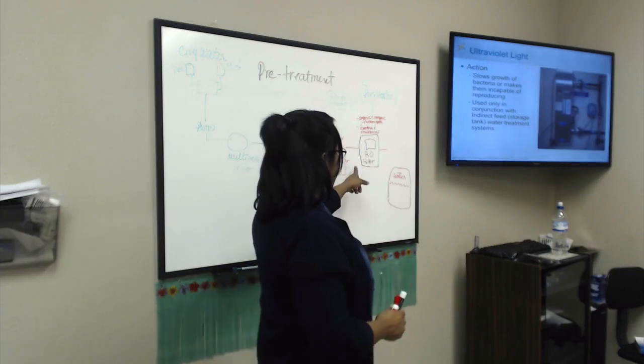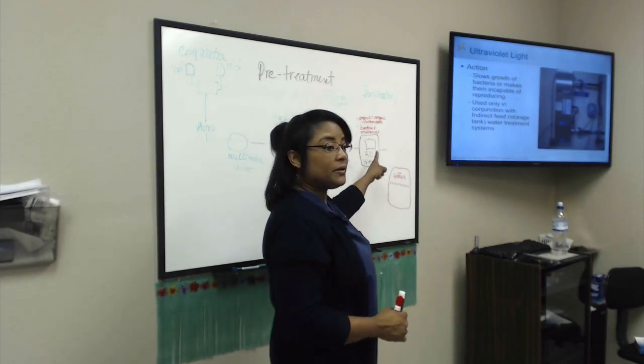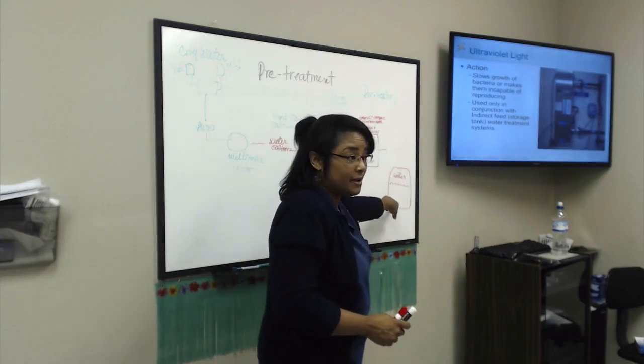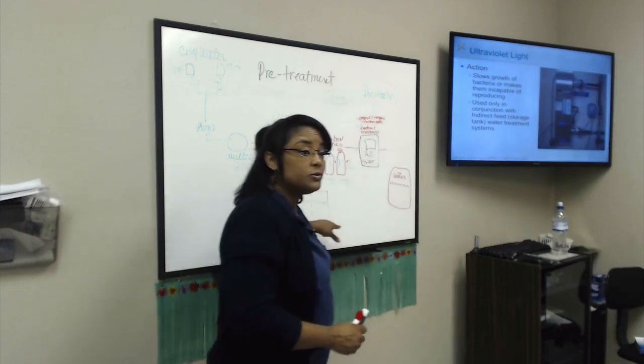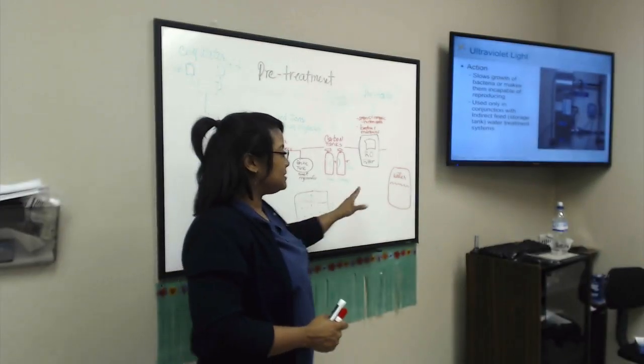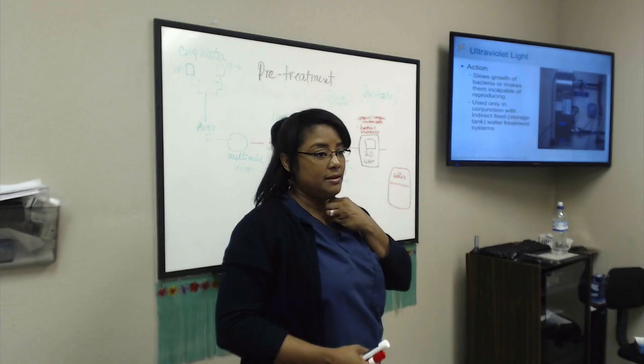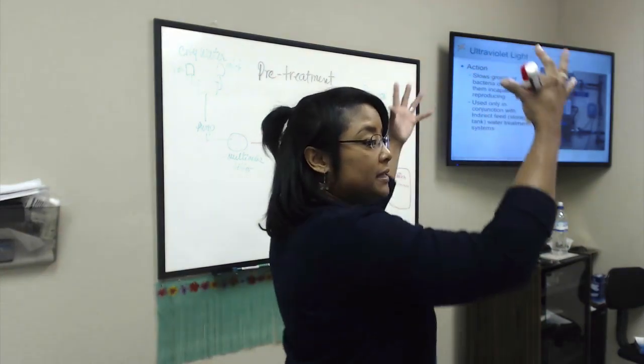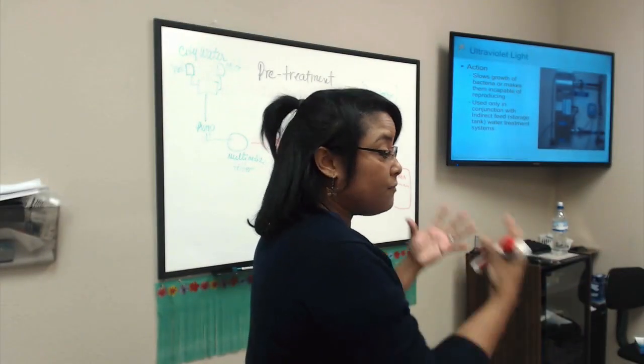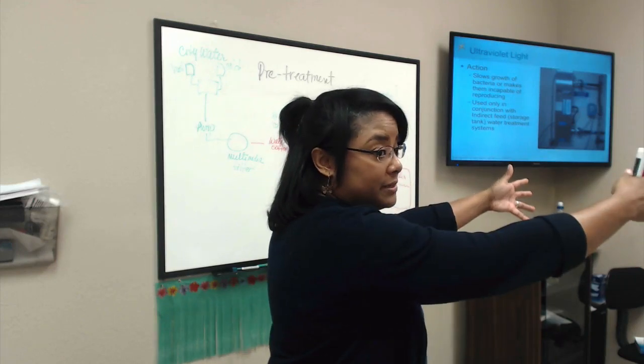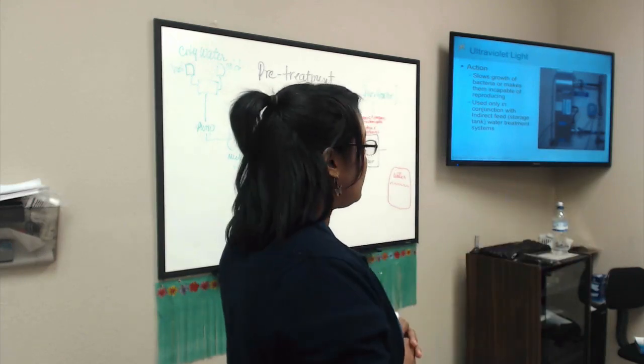If my purified water is going to stop in the tank first before it goes to the dialysis unit, that is indirect feed. I am storing the water in a tank and from there I'm feeding the dialysis unit. That is called indirect feed.